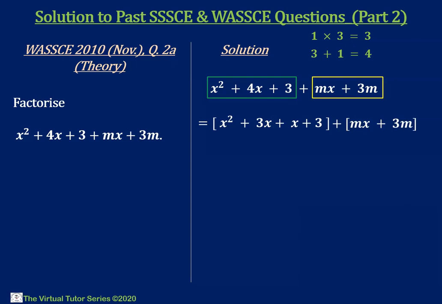Let's put the first two and last two terms of the first part in brackets and factorize each group separately. The common factor of x squared and 3x is x. So x can be factored out to have x into bracket x plus 3.